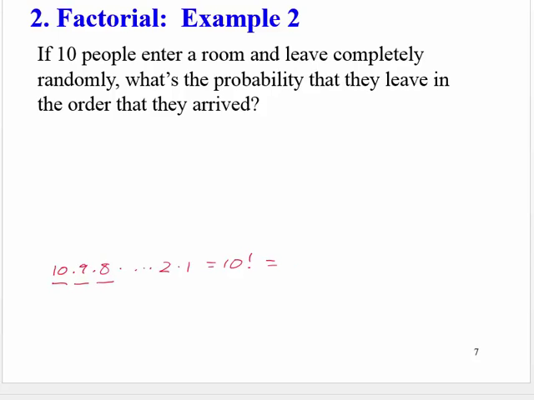Which is a pretty large number. Okay, 10 factorial is equal to 3,628,800. So the probability of this event is just equal to 1 over this number.